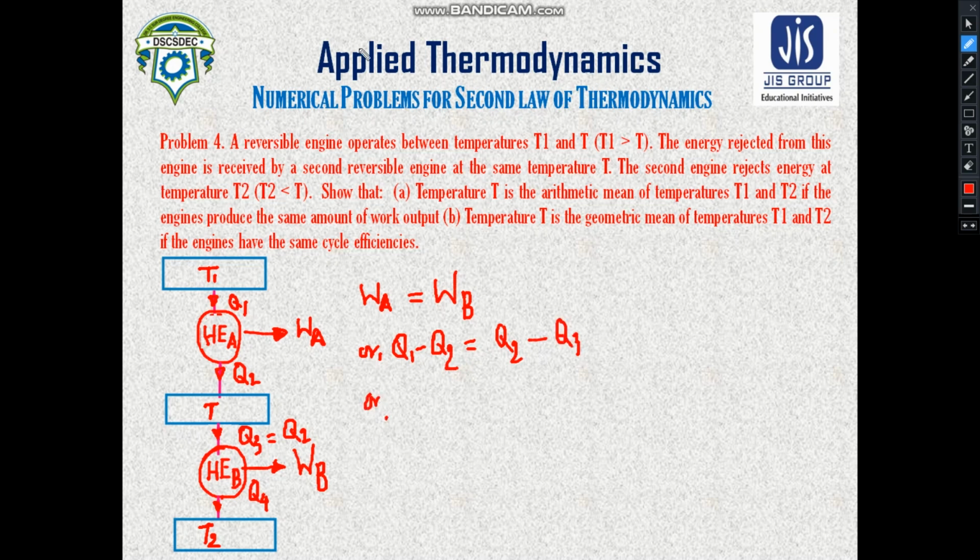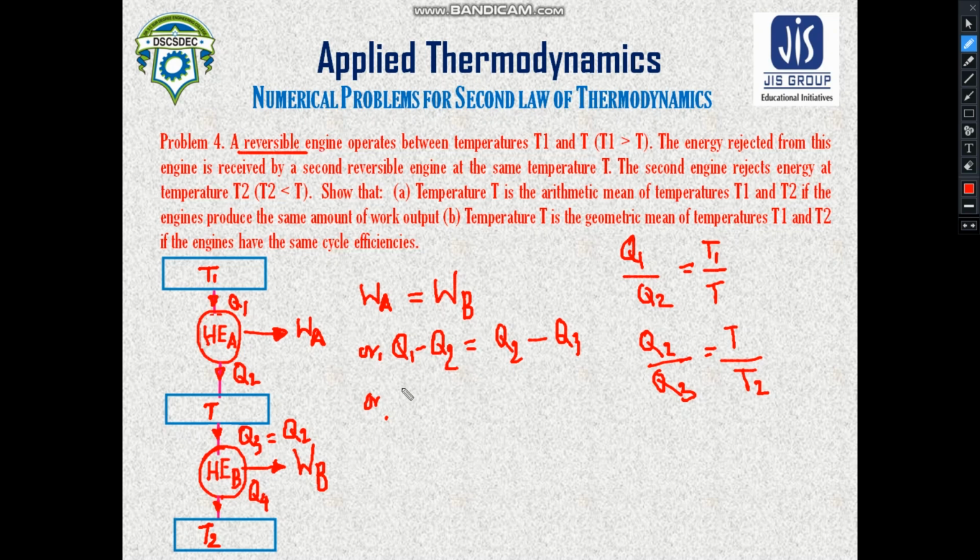Now you know that Q1 by Q2 can be written as T1 by T, whereas you can write Q2 by Q3 as T by T2. This formula can be written because it is mentioned that the engines are reversible. For a reversible engine, according to the principle of the absolute thermodynamic scale of temperature, the ratio of the heat transfers will be equal to the ratio of the temperatures.